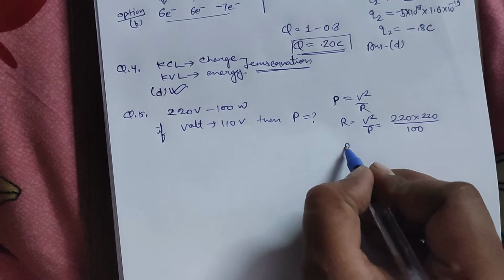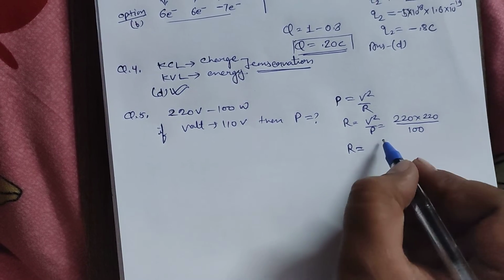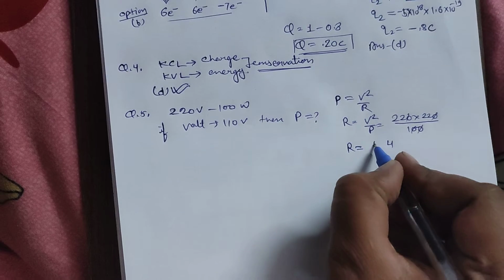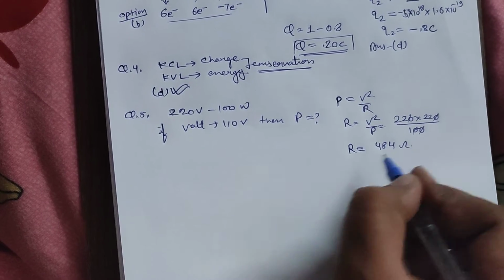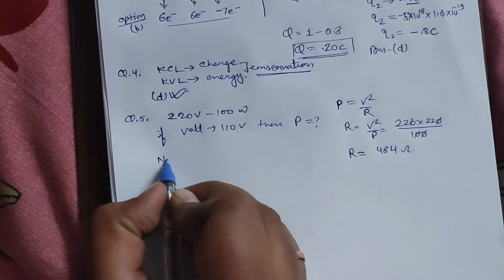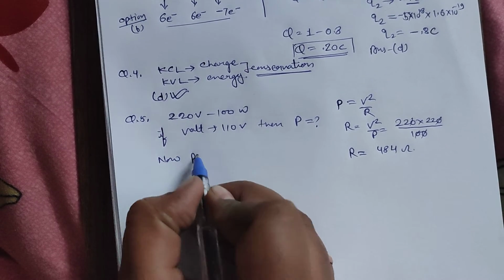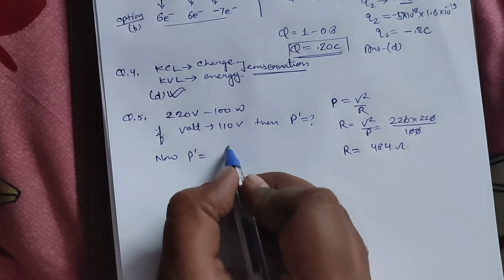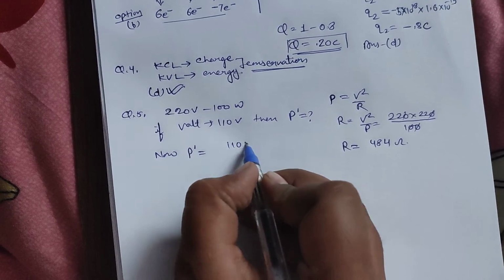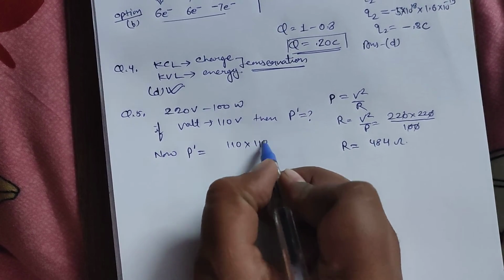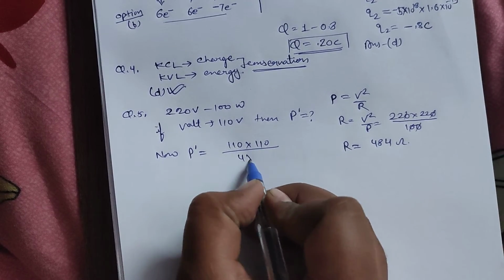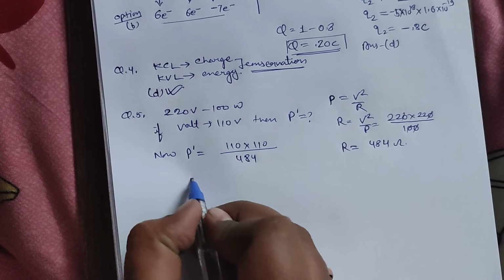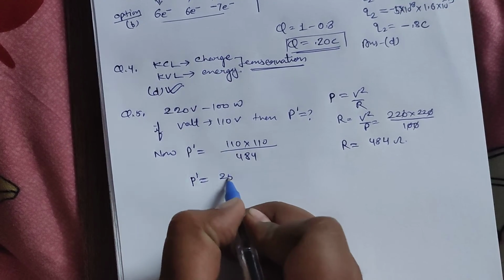So the answer is R is equal to 484 ohm. Now the power consumption P dash is equal to voltage 110 volt, so V square, 110 into 110 upon 484. Okay, so the final answer is P dash is equal to 25 watt.